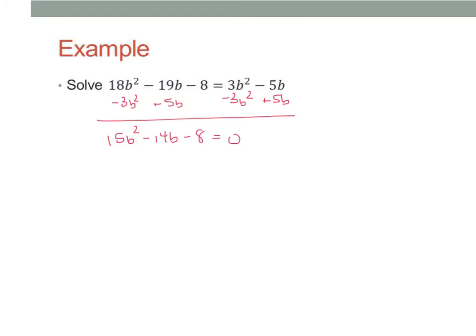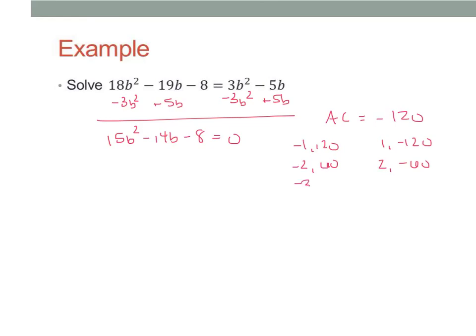So we're going to get that AC equals negative 120. And then I'm going to do factors. I'm going to need a positive and a negative. So you might do negative 1 and positive 120, or positive 1 and negative 120. Negative 2 and positive 60, or positive 2 and negative 60. 3 and 40.